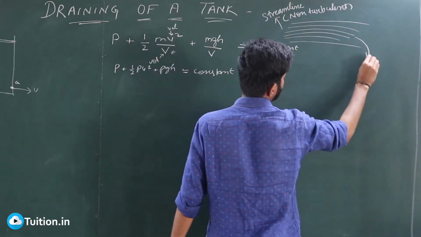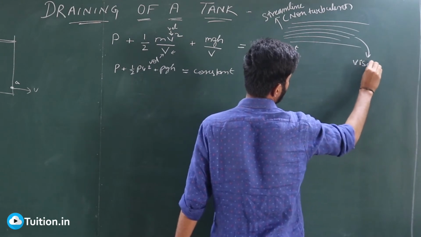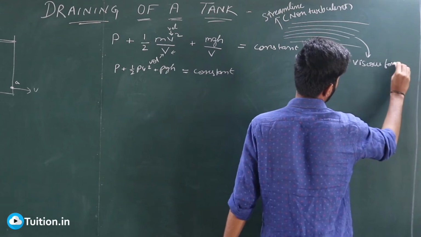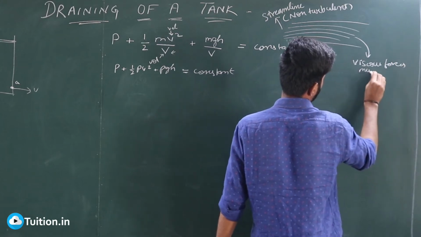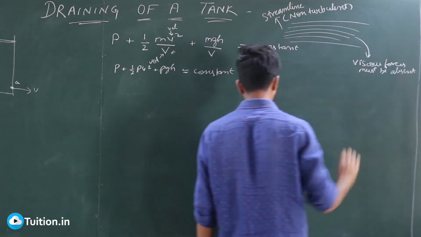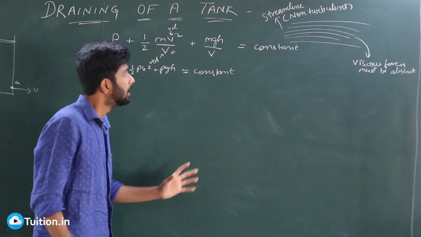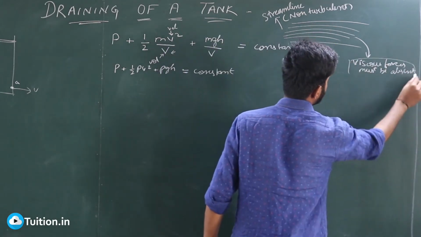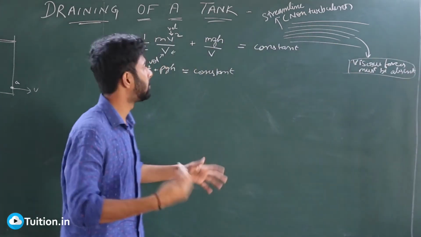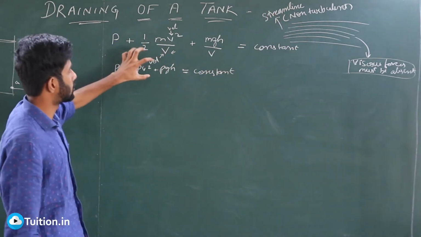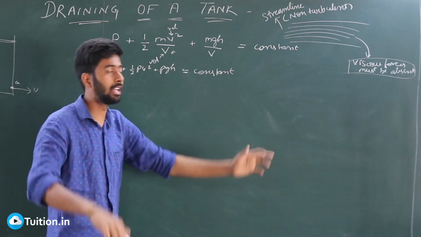Moreover, viscous forces must be zero, must be absent. These are the assumptions that we are making. That means there's no heat loss. When you say viscous forces are absent, that means there is no resistance loss or heat loss in the fluid. That's why this overall energy is remaining constant. Nothing is getting lost in the form of heat.